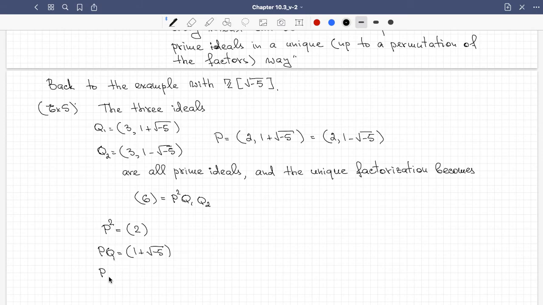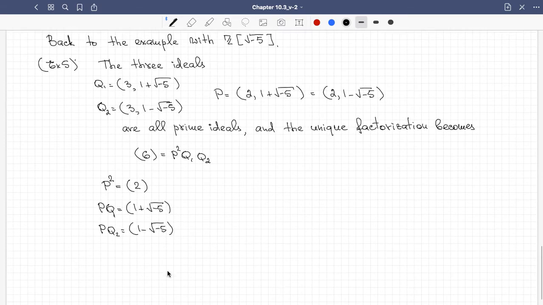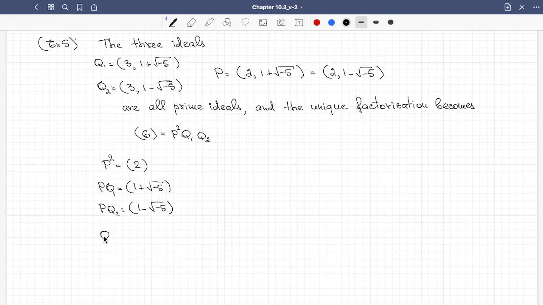P times Q2 is the principal ideal 1 minus root of negative 5. And finally, Q1 Q2 is 3.